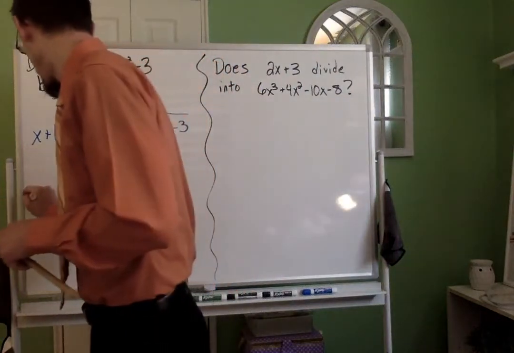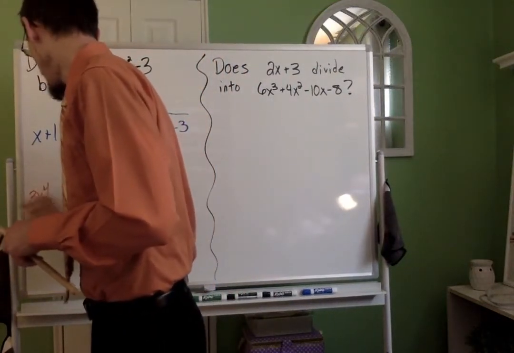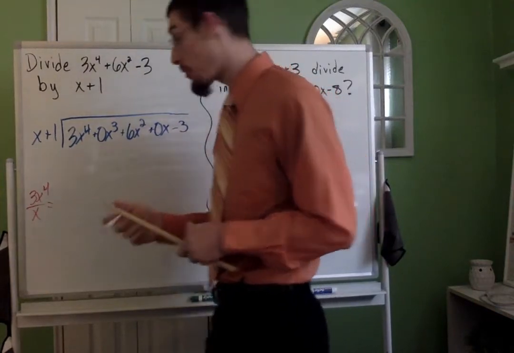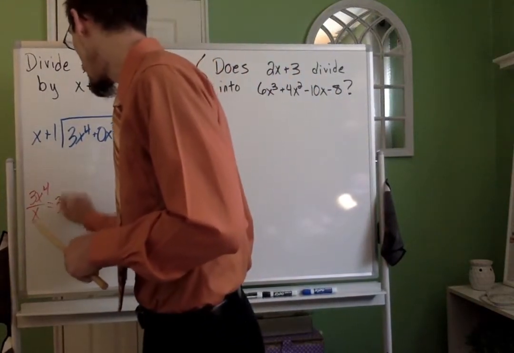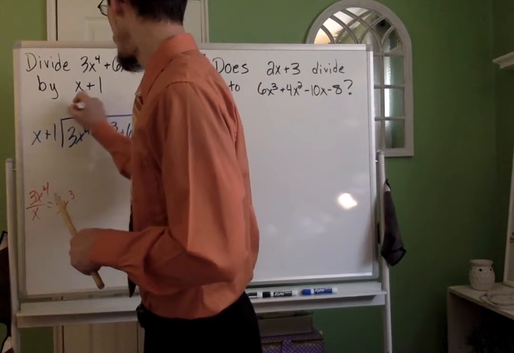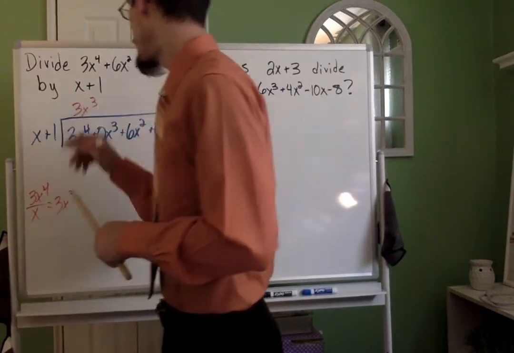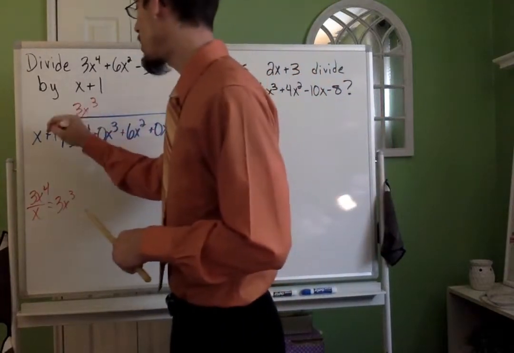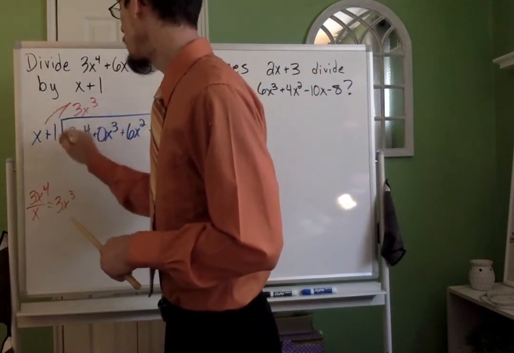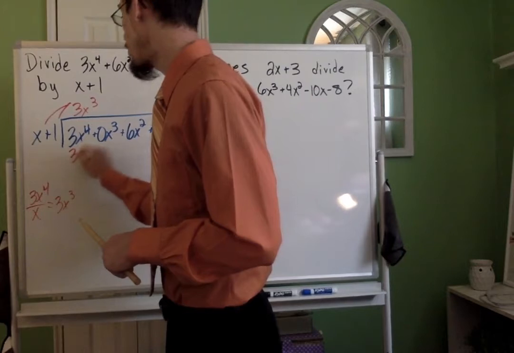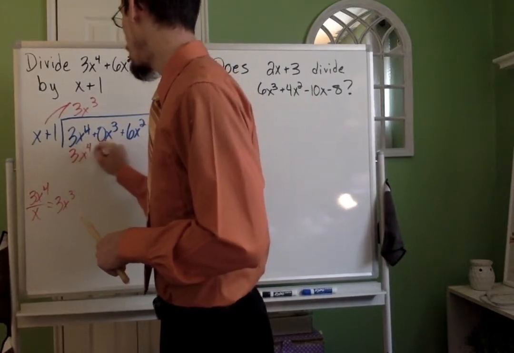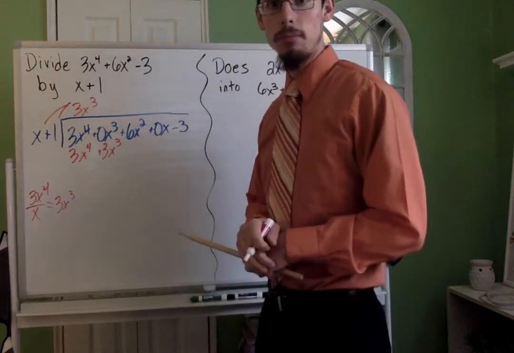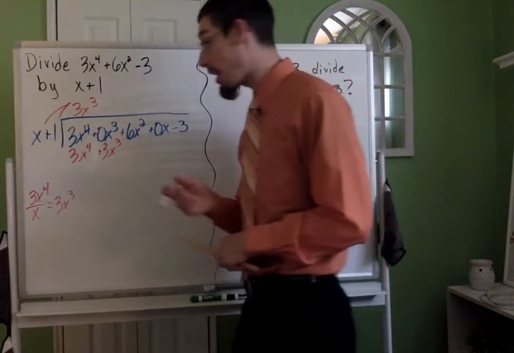First term, 3x to the 4 divided by x. That's 3x cubed, right? We already knew that. So I'll take that term and distribute it and get 3x to the 4th plus 3x cubed. And then you subtract that, right?